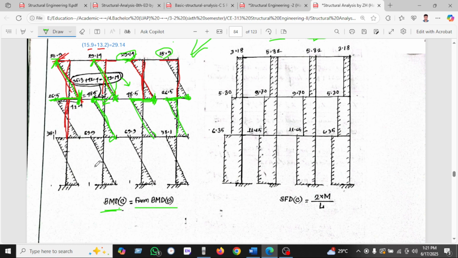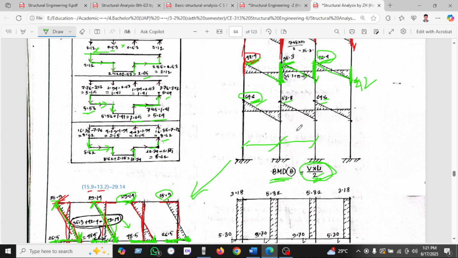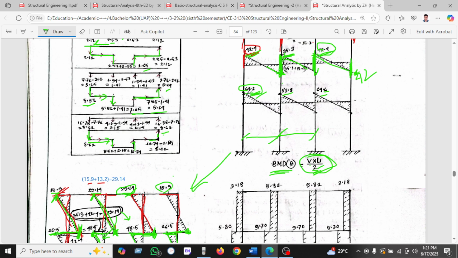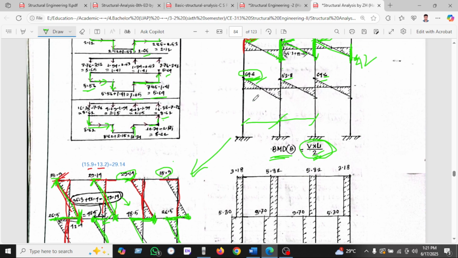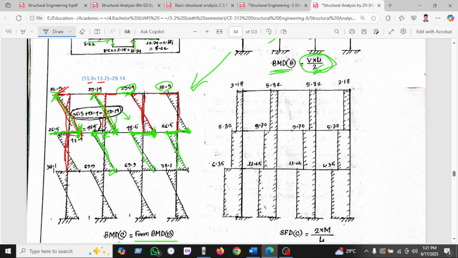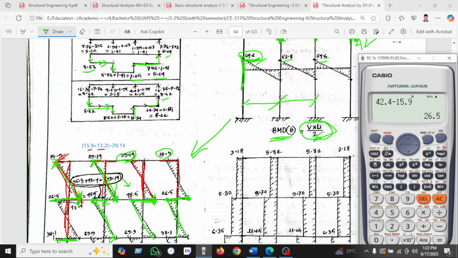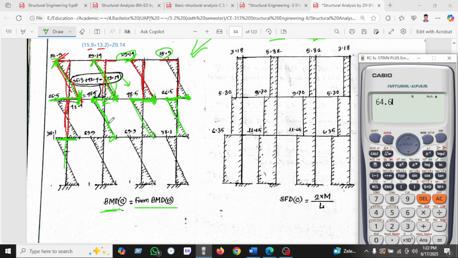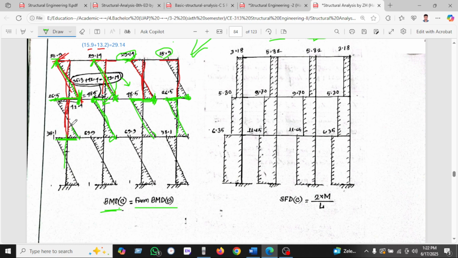I'm just summarizing, I'm saying again. So 68.4 will be taken by this column, the total load 68.4. So how much do we have? 64.6.